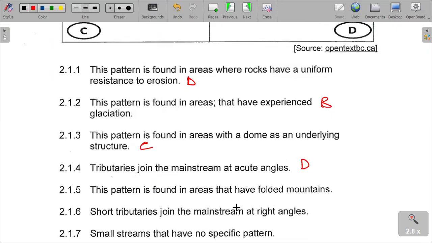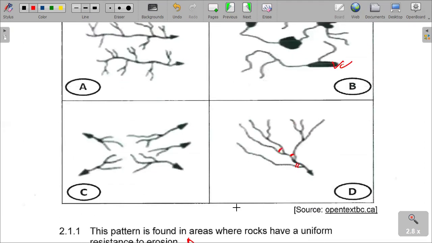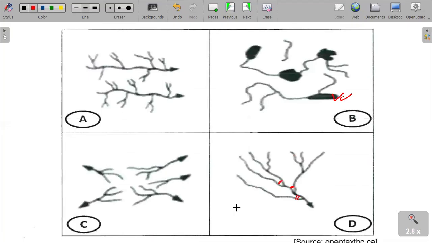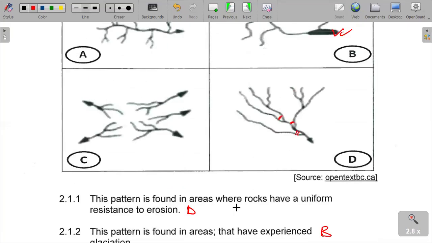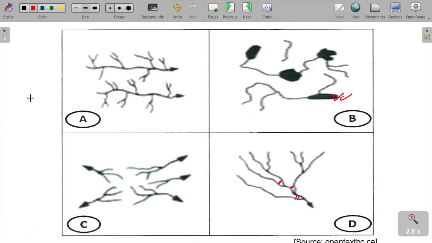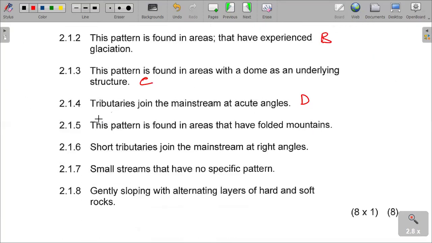This pattern is found in areas that have folded mountains. Folded mountains are found where we have got this form, which is A. A suits the drainage pattern where we have got fold mountains.